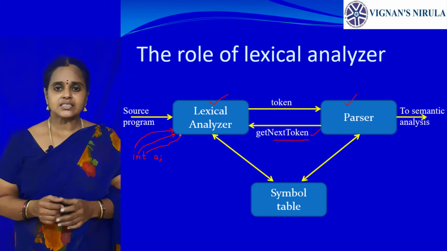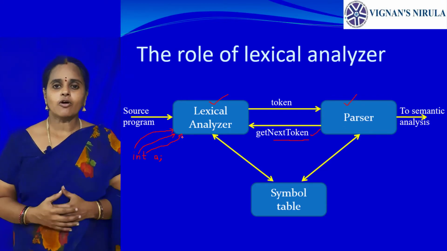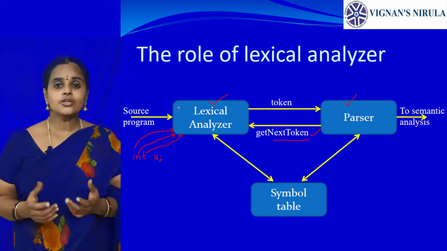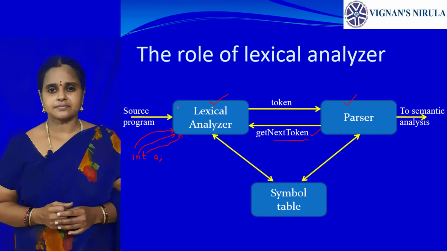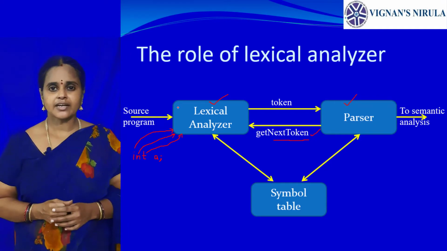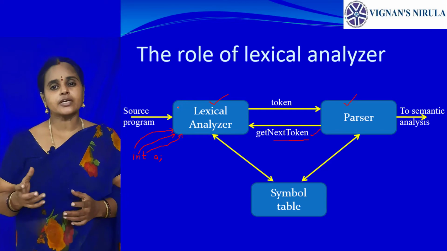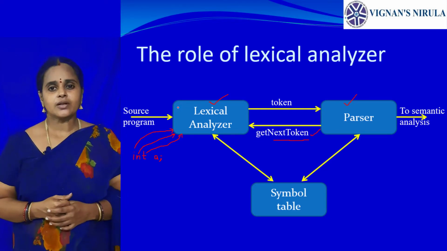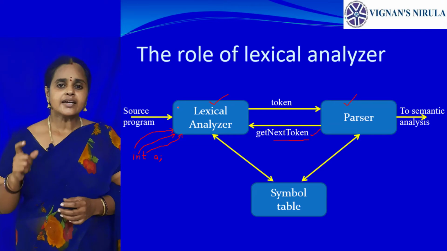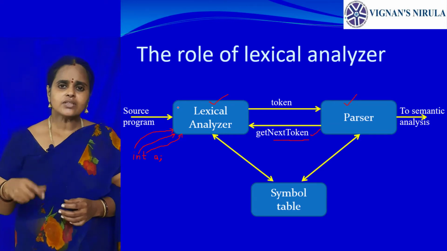That is mainly with the help of regular definitions. There you will use the concept of FLAT, finite automata. With the help of regular definitions, with the help of regular expressions, you can give the input information.